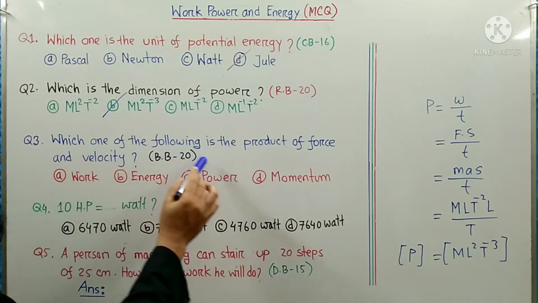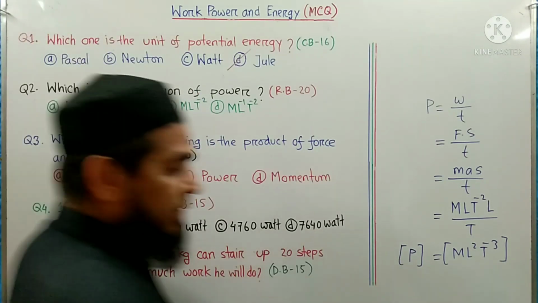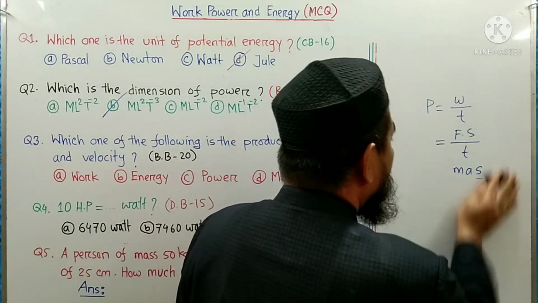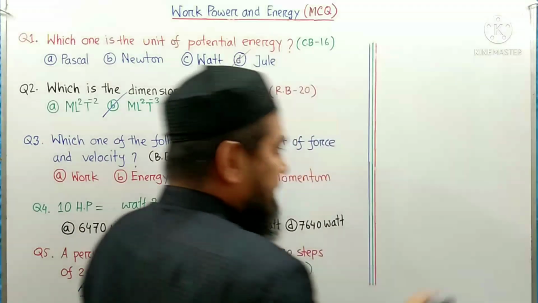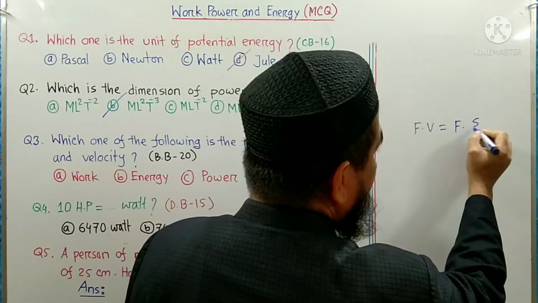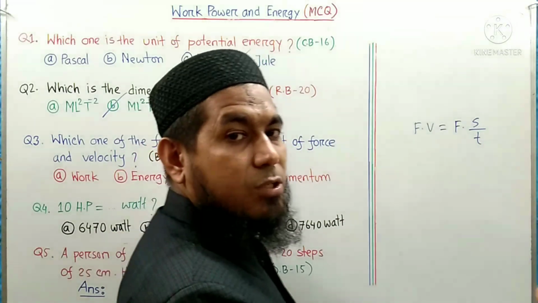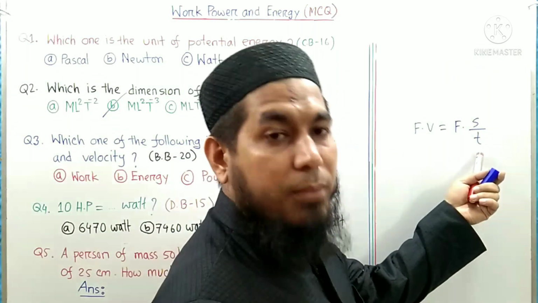Which one of the following is the product of force and velocity? Dear students, from the definition of velocity, the rate of change of displacement with time is called velocity.